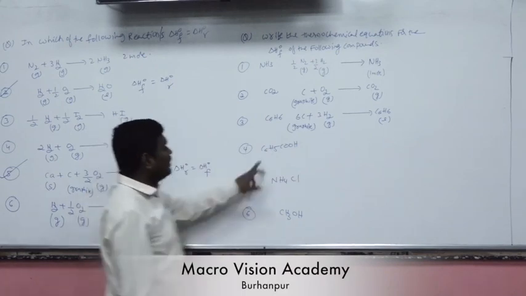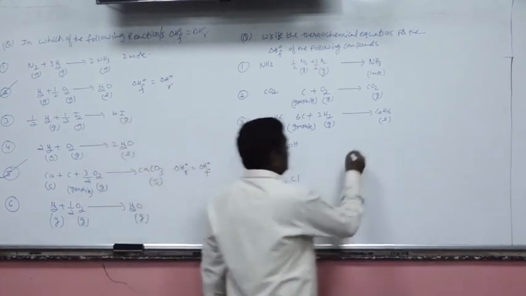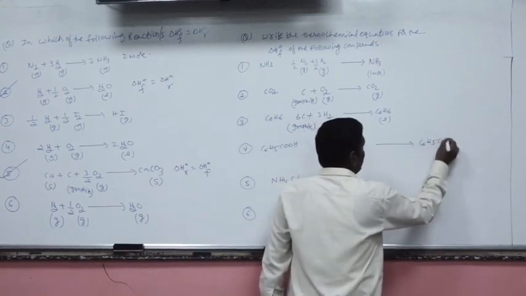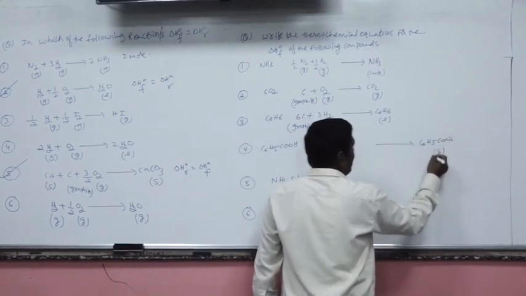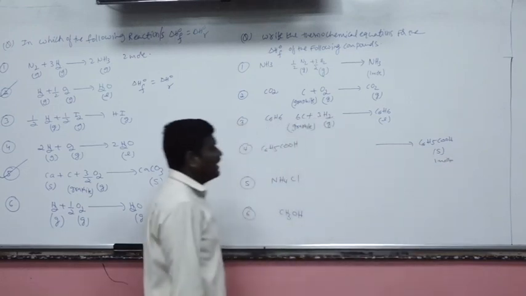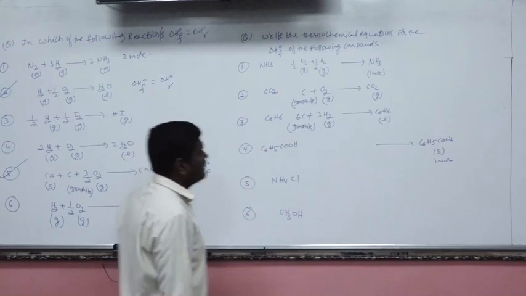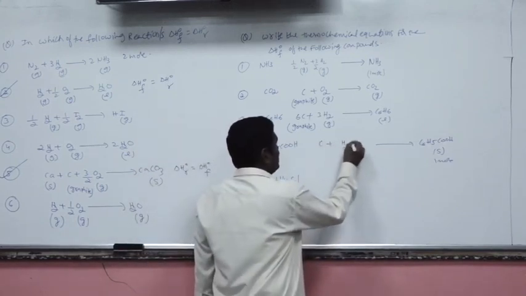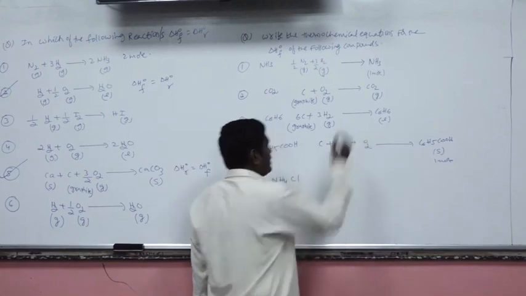Okay. Now come to benzoic acid. Benzoic acid is solid state. Now I am taking this as 1 mole. Now how many elements are there in benzoic acid? 3 elements. One is carbon, other one is hydrogen, and other one is oxygen.